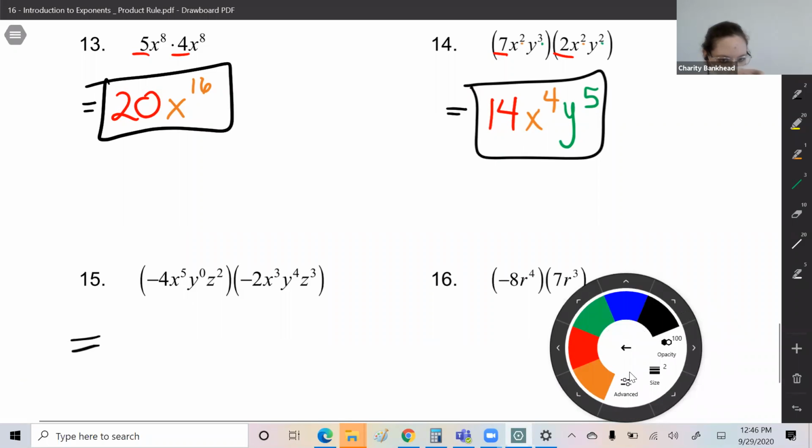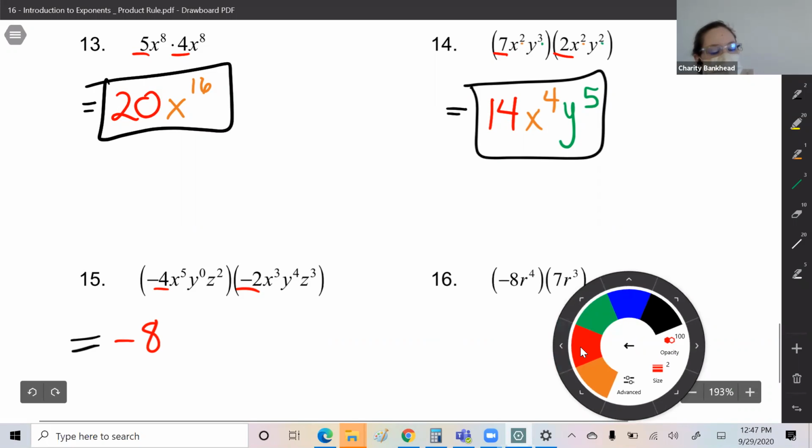Number 15, so -4 times -2 is -8. And then for, oh, +8, sorry.